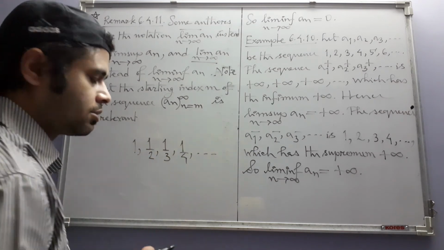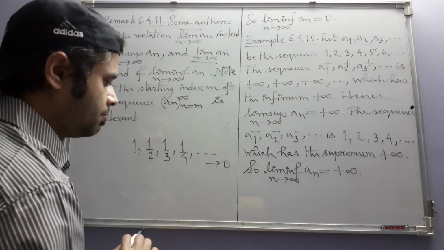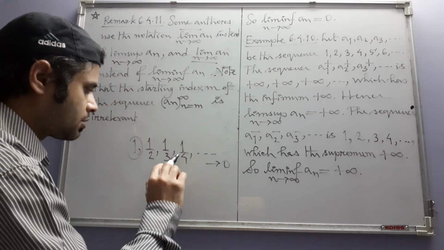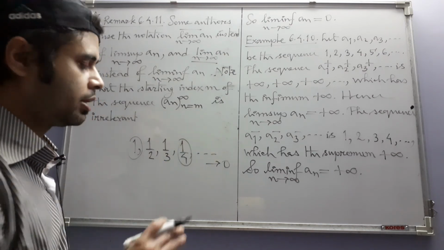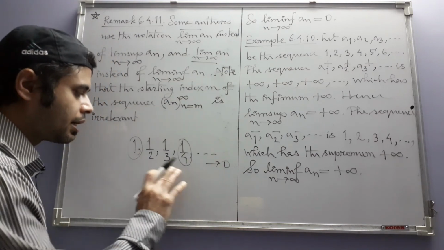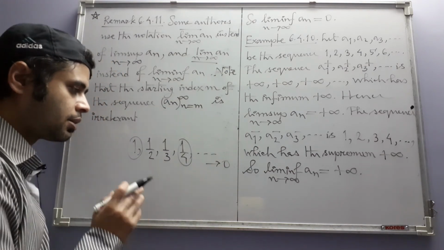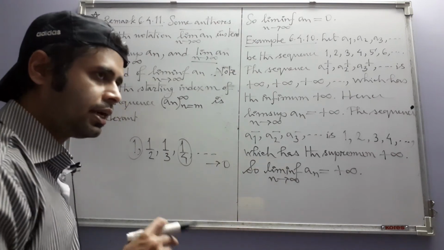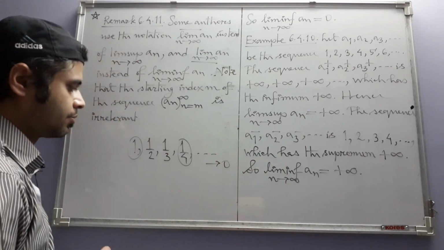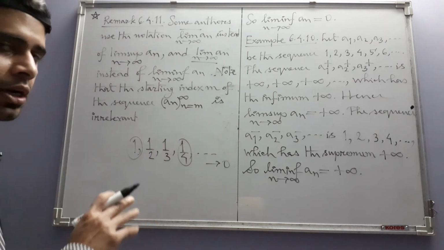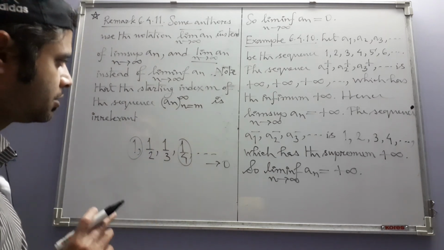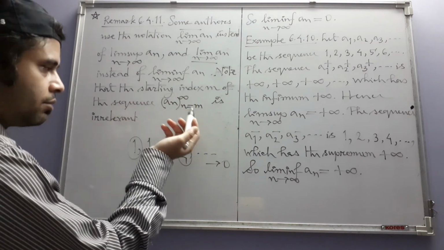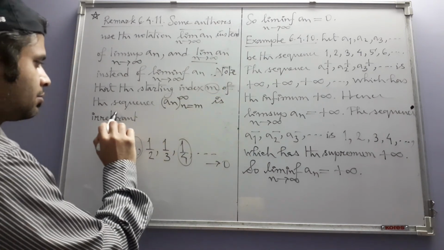It's a convergent sequence. We know that its limit is 0. Now, whether you start the sequence from 1 or you start the sequence from 1/4, it does not matter. The limit is still 0. So the starting index does not matter. In other words, the first few finitely many terms don't matter. Only the infinite tail end of the sequence matters. So the same is also true when one calculates the limit superior and limit inferior of a sequence. The first few terms don't matter. So equivalently, the starting index M does not matter.